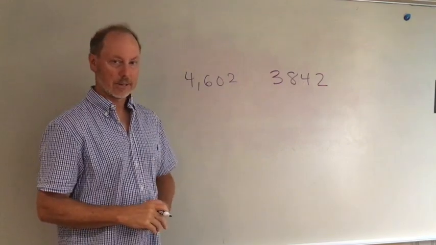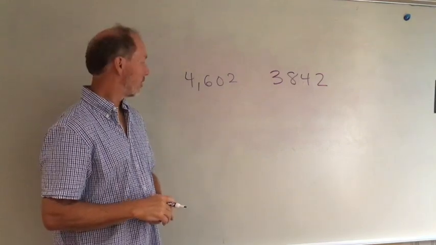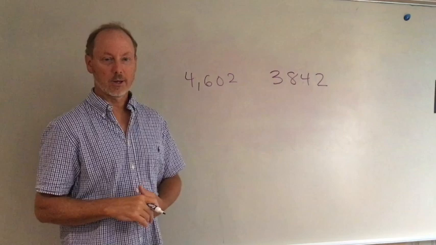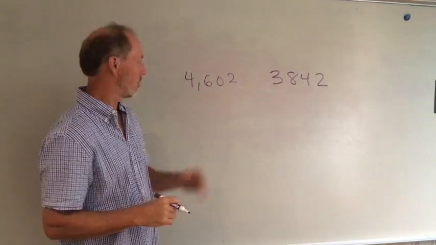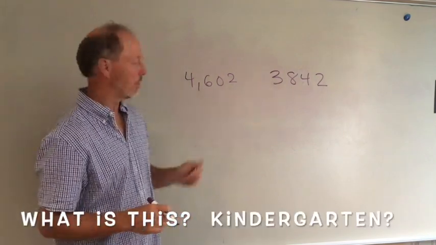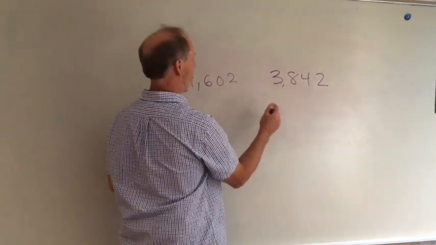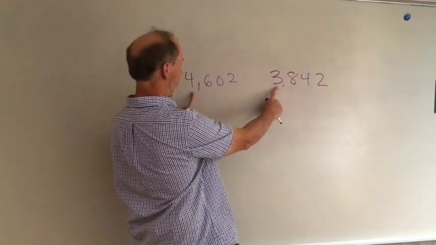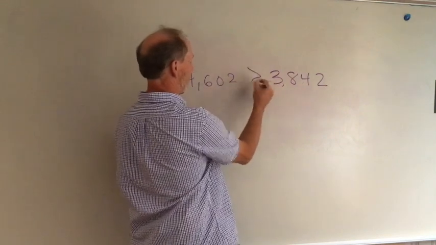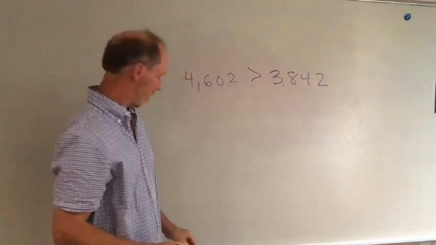All right, here are your two numbers, and we're trying to determine greater than, less than, or equal to. What's their relationship? Well, start head to heading from the highest place value. The thousands place. He wins 4 to 3. He already won. That was a really quick one.